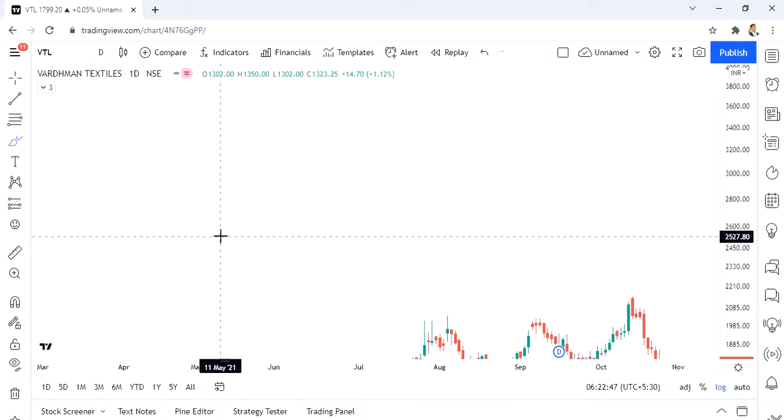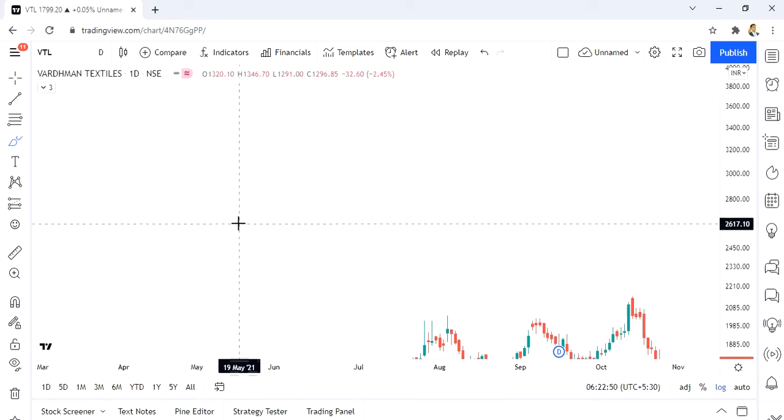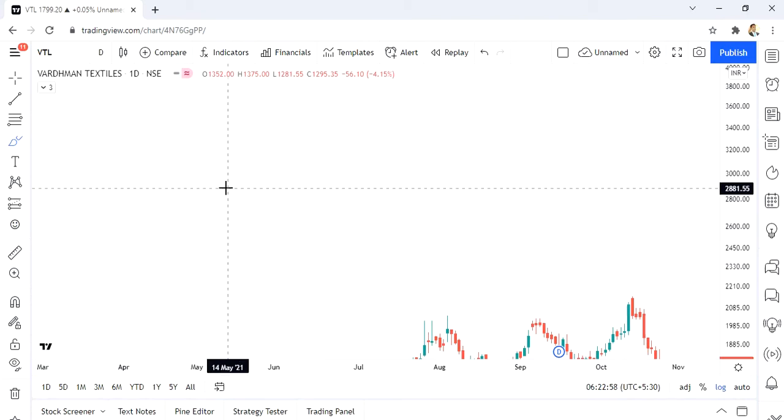But before I show you how to draw the resistance and support lines on the charts, let me help you understand what I mean by the support levels and the resistance levels on the chart. Simply put, I'm not going to complicate things for you. It has to be very simple in the market when you want to trade or invest and make money from the markets.